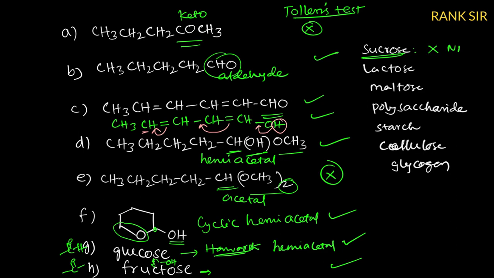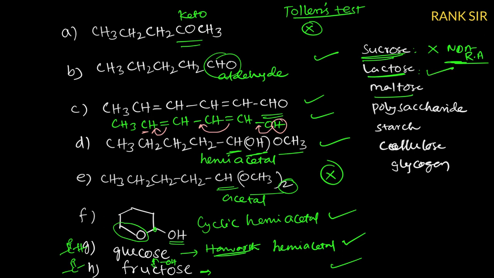You may have studied non-reducing sugars, because according to the previous equation, the aldehyde is oxidized and the Tollens reagent is reduced. So the aldehyde acts as a reducing agent, and Tollens acts as an oxidizing agent. That's why this product is a non-reducing sugar. But in lactose, we have a hemiacetal structure on one side, therefore it gives a positive test.